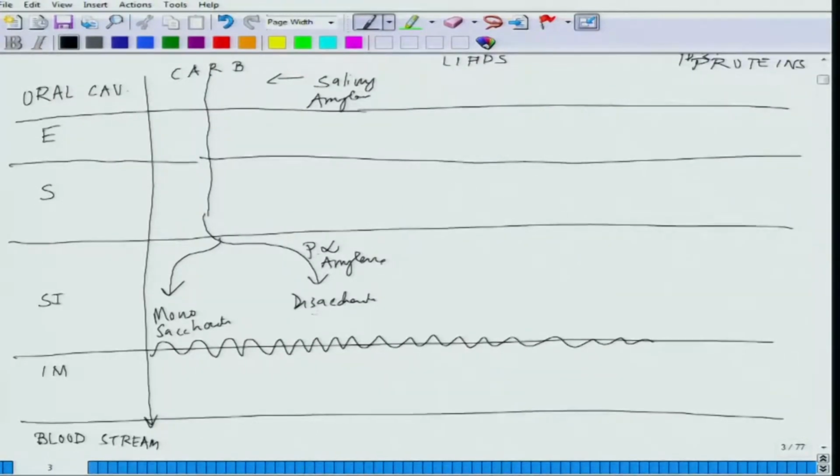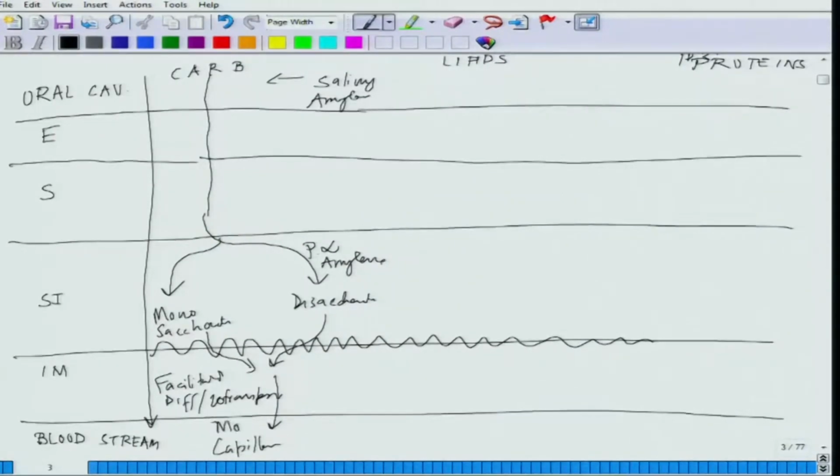Basically these different component monosaccharides and disaccharides, through facilitated diffusion and co-transport, further diffuse into the capillaries.